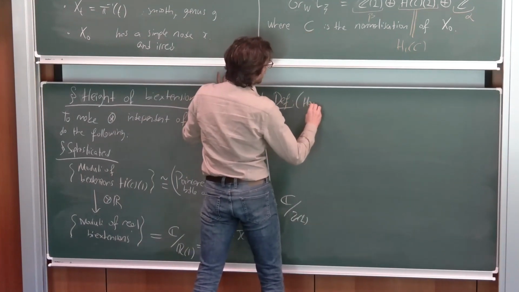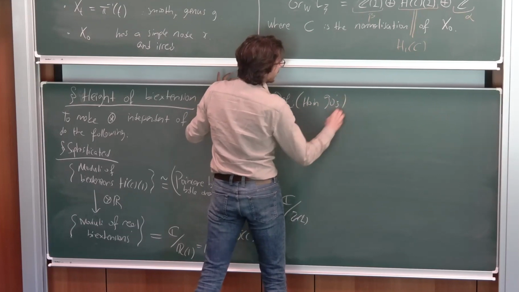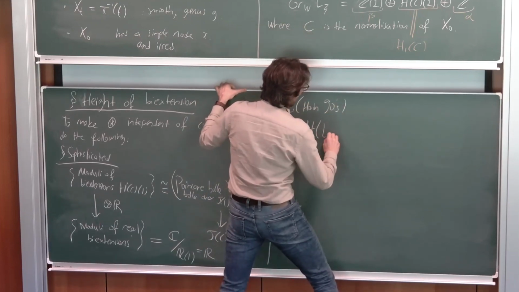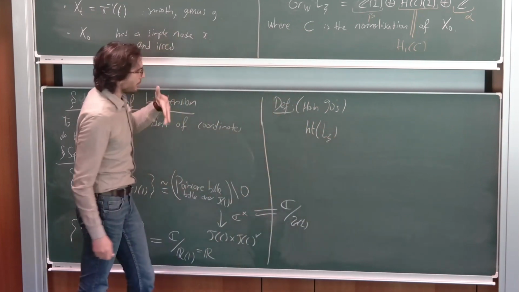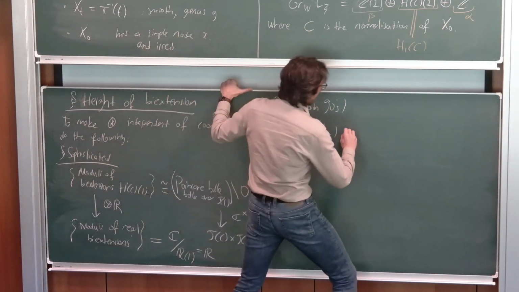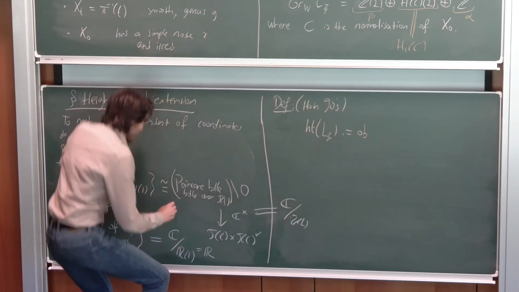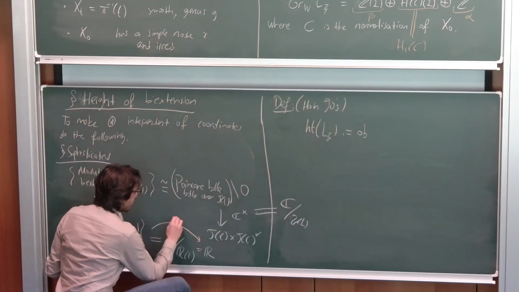And there's a definition of Hain from the 1990s that says we define the height of a bi-extension. Again, now I'm talking about our arXiv, but any bi-extension is defined as the, maybe this map I should represent by obstruction.